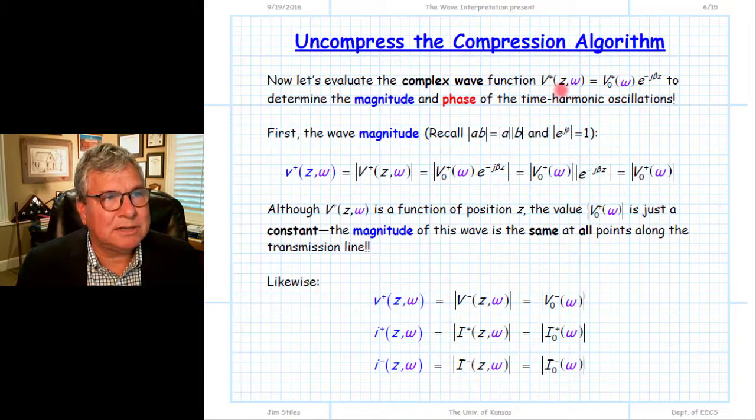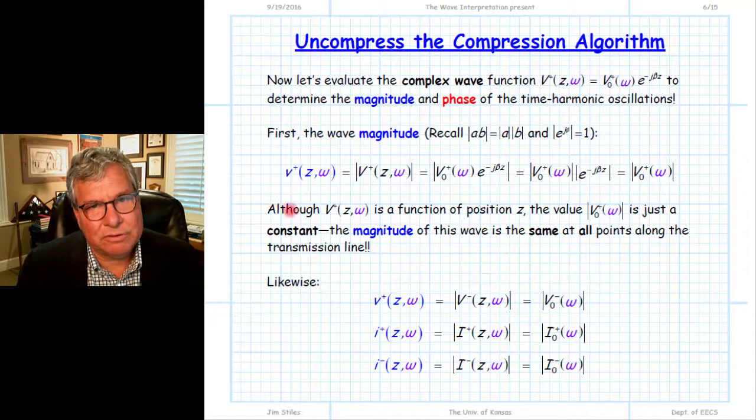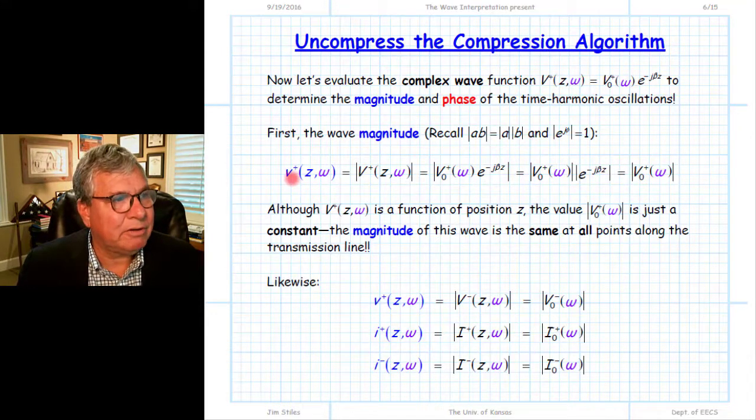To understand what this is telling us, we need to go through and do our uncompression algorithm. We need to take our complex number and extract from it the values that we're really interested in with respect to our sinusoidal oscillation. The first thing we want to do is determine the magnitude of that oscillation. The magnitude is a non-negative real value as a function of z.